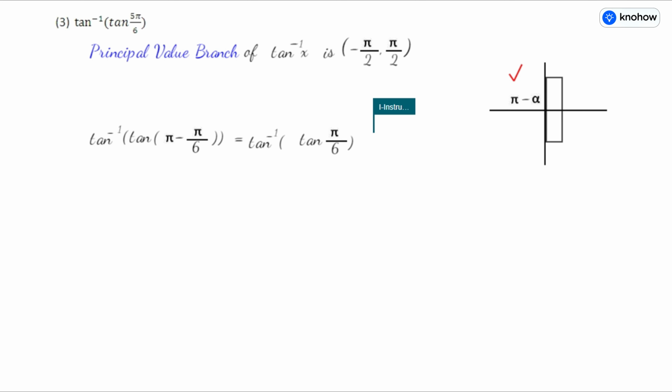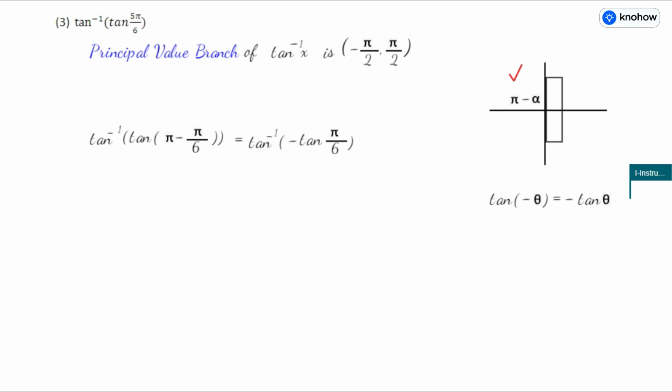Now please make a correction here. Sine, of course, in the second quadrant is positive, but tan in the second quadrant is negative. So tan 180 minus theta is minus tan theta. And in the fourth quadrant, you know tan of minus theta is minus tan theta.